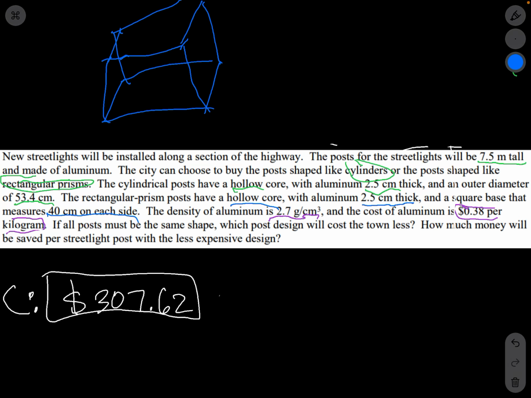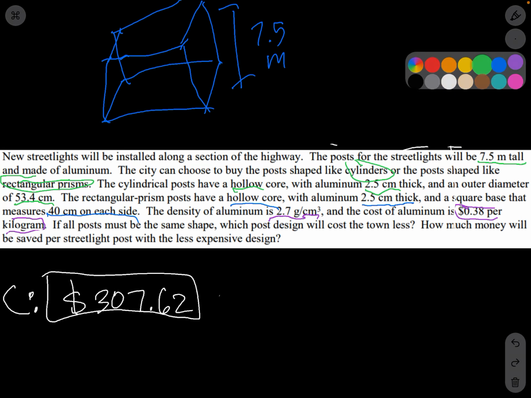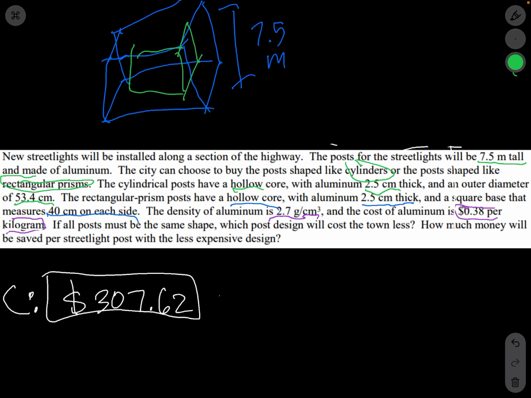The rectangular prism has a height of 7.5 meters and also has a hollow core, so this is 2.5 centimeters. The square base measures 40 centimeters on each side. Okay, that's all we're given.